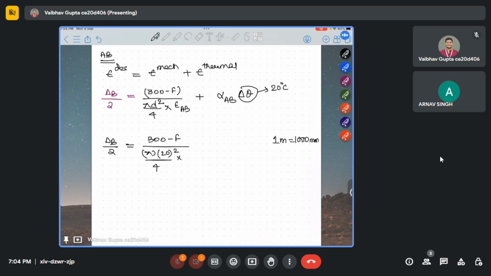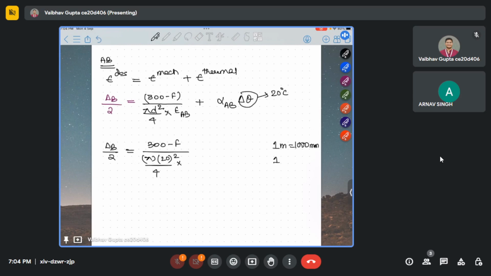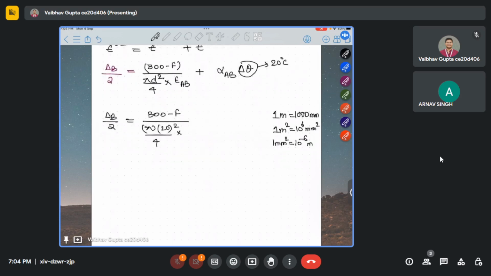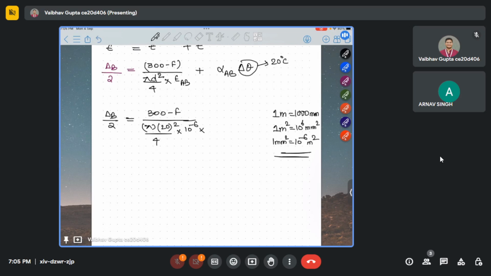D square means mm square, so 1 meter square equals 10 to the power 6 mm square. Converting mm square to meter square, 1 mm square equals 10 to the power minus 6 meter square. So we multiply by 10 to the power minus 6 to convert from mm square to meter square, since all the units are in meter and kilonewton. Similarly, we'll change the E also.